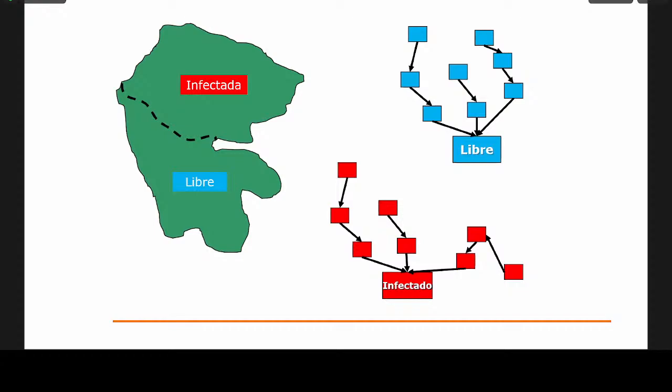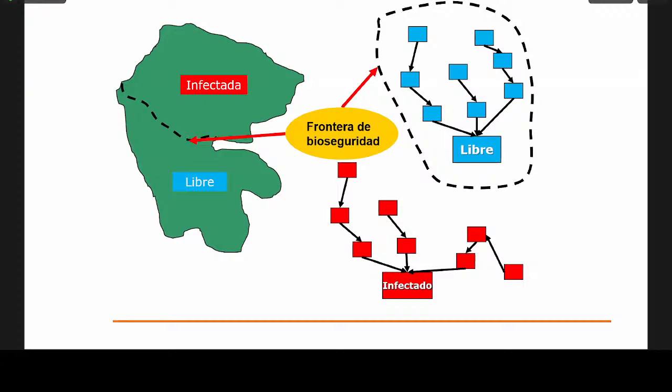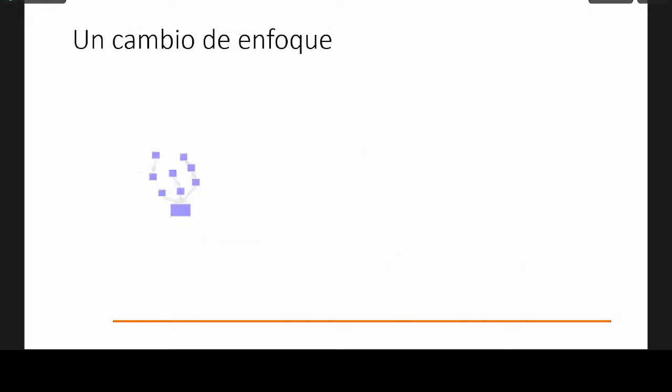We can also have some compartments and others that are infected. And what defines these compartments is a biosecurity border, which is equal to the one established between a free zone or one with free status, and this applies to each of the components of each compartment.